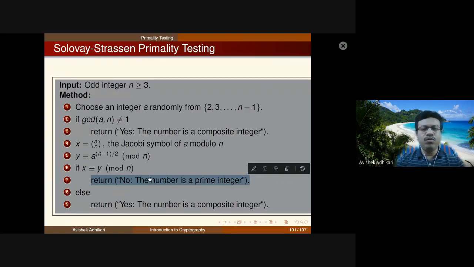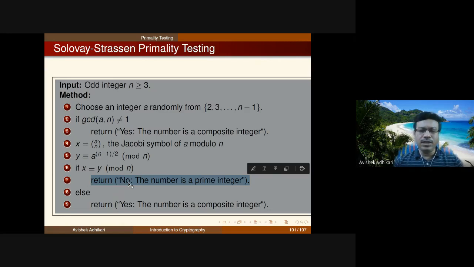So that's why you put no. But you might have some doubt that when I say that the number is a prime integer, there might be some wrong answer. That means the number may be a composite integer, but using this algorithm it gives you the answer no. That means the number is declared a prime integer, although originally the number is a composite integer, but your algorithm gives you the no answer. So we need to check how the error behaves.